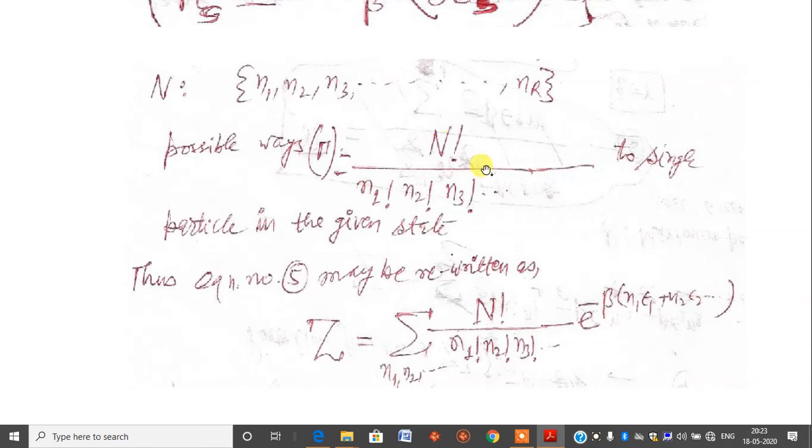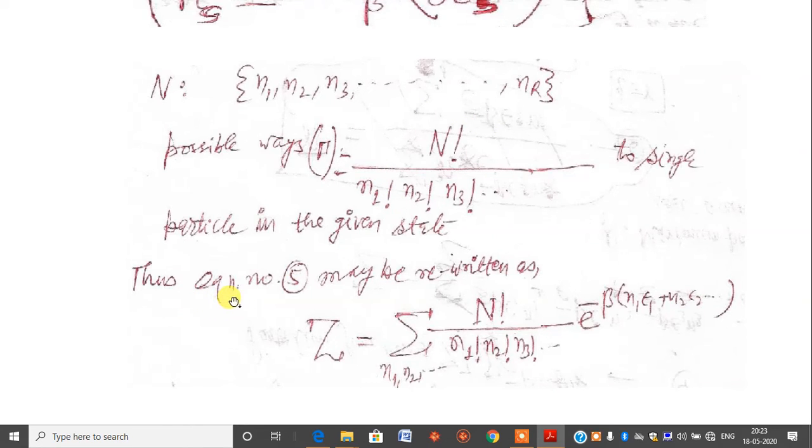So these are the possible distributions where each molecule is distinguishable and identical. Right? So this is capital N divided by small n1 factorial, small n2 factorial, and so on. So this is the number of ways for any possible distribution.